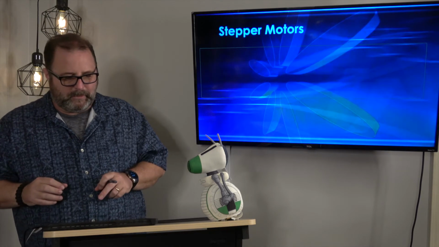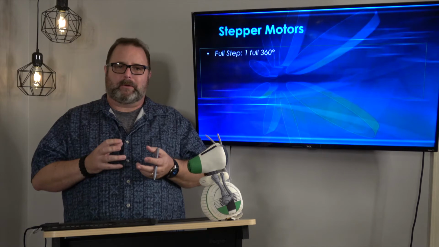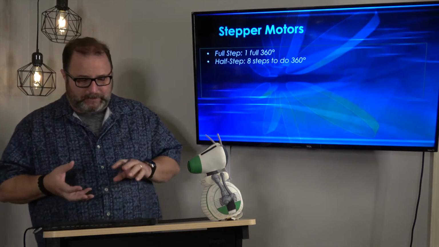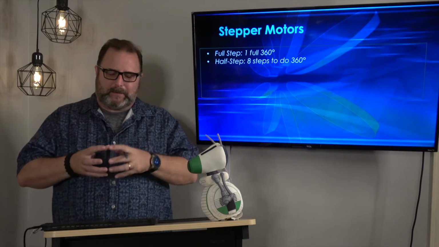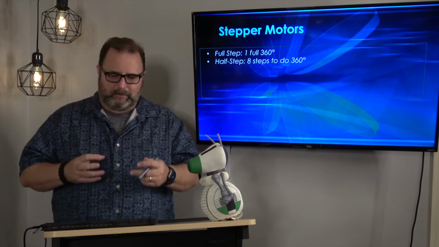With stepper motors, a full step mode is 360 degrees a turn. It's just going to rotate once. It's got half mode, but don't be deceived. Half mode is going to take 8 steps typically to get all the way around to 360 degrees.